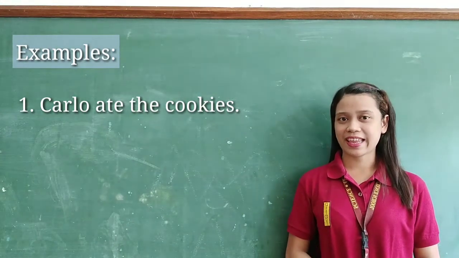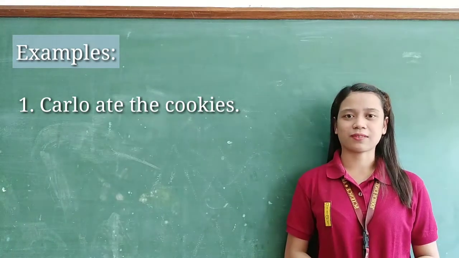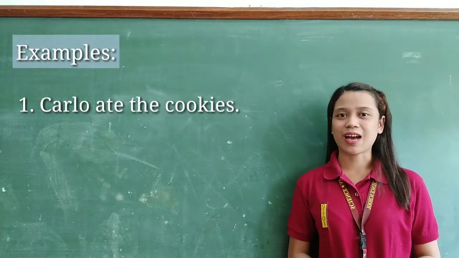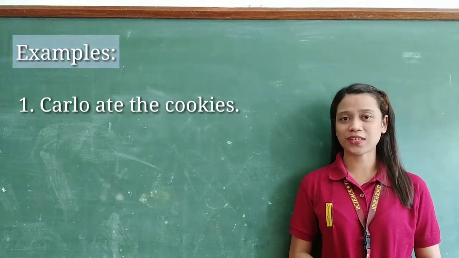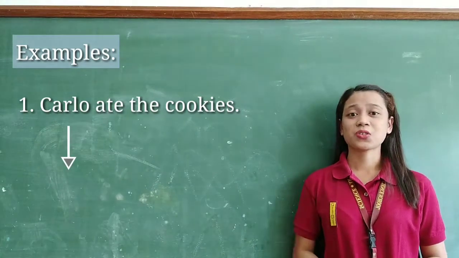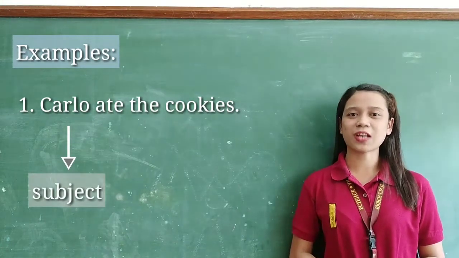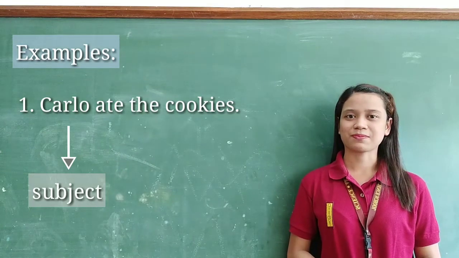Carlo ate the cookies. To identify the subject, who are we talking about in this sentence? Of course, it's Carlo. So Carlo will be the subject. How about the predicate?